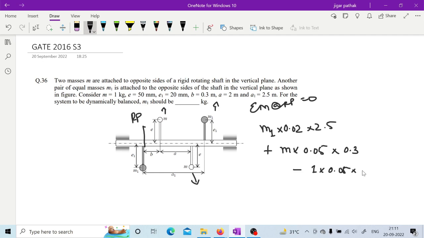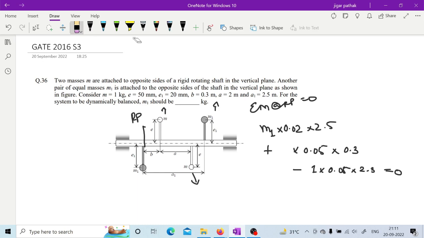So in this you are provided the value of M, that is 1 kg, right? So here M is 1 kg. So the only unknown is M1. So you can quickly calculate M1 from this.